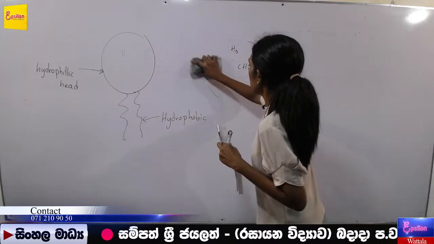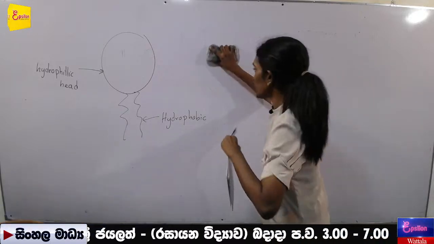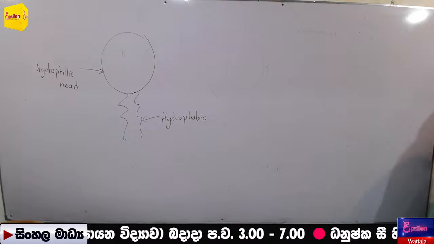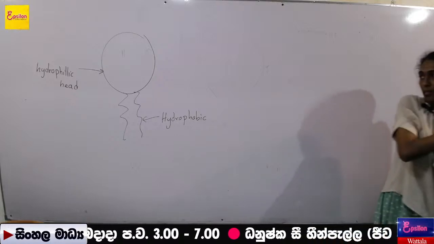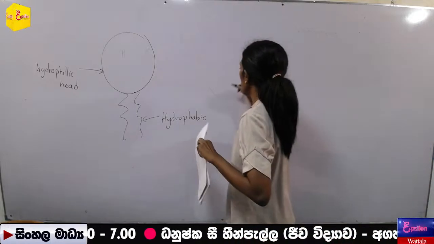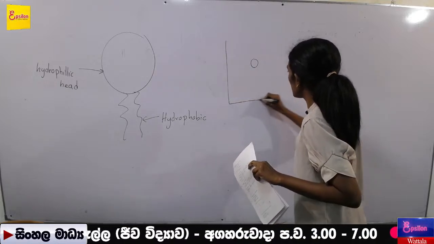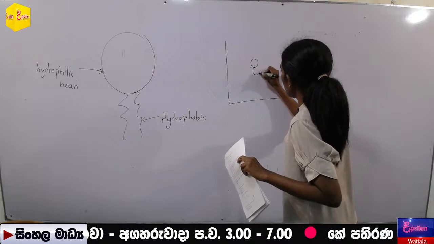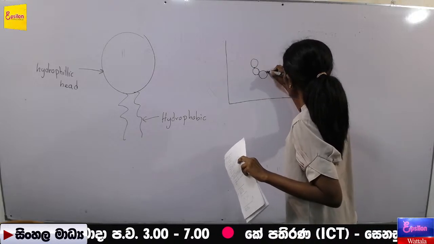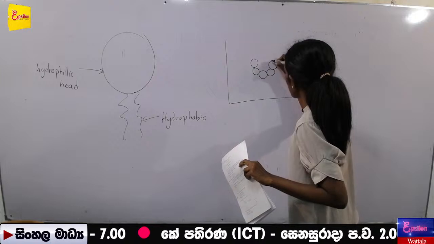So if you put phospholipids into water, this is how it forms the structure. Since the head likes water, the heads are turned towards the water environment.